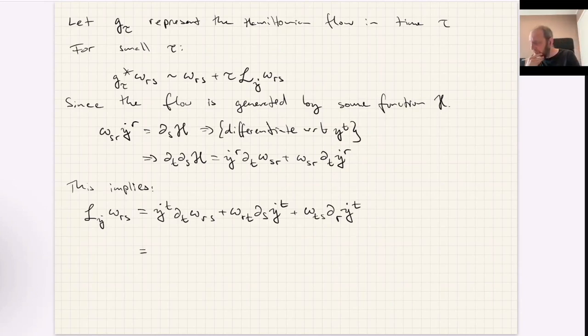So if I do that correctly and keep the indices in mind, I get the y dot^t. The first term I will leave unchanged, omega_rs.